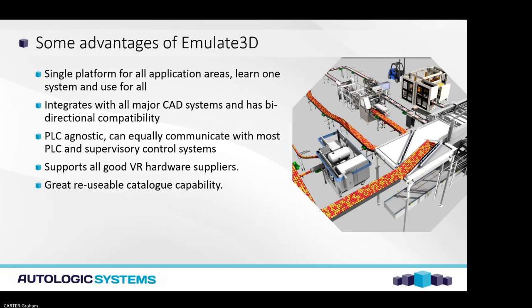The VR world has been nothing but great for us in design reviews, and to see end users embrace it. Once they've started in this world, they never let it go. And the reusable catalog capability lets you build quickly. If you've got catalogs of what you need in your plant, your speed of build goes through the roof, and you're definitely winning.